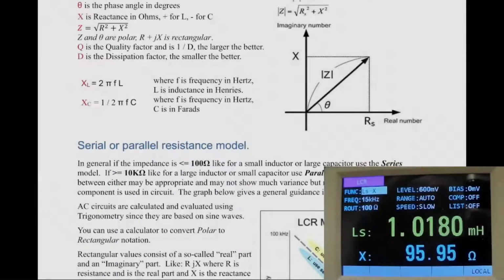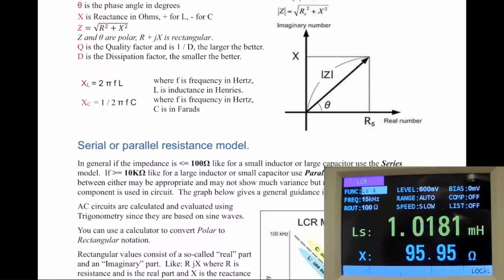Okay, I've got that little inductor connected again. As I said, you can see from the screen here that it is set for inductance, serial mode, and reactance, and this is the reactance of that at 15 kilohertz, which it is set to right now. So this particular little inductor would have that reactance of 95 ohms and 1 millihenry or 1,000 microhenries.